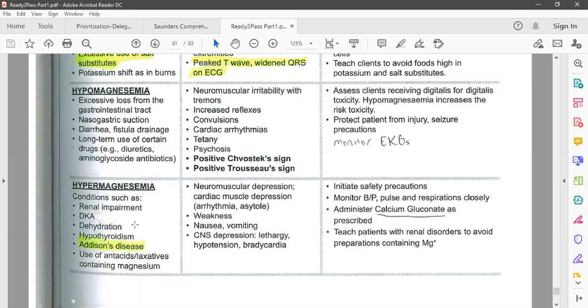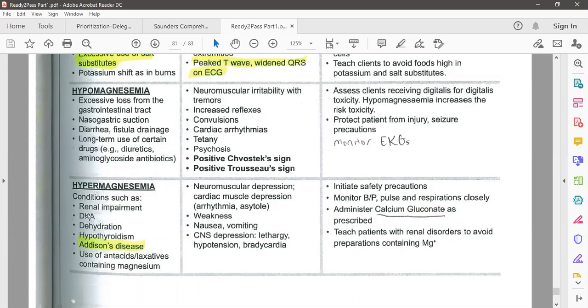Hypermagnesemia. What are the conditions of hypermagnesemia? Like renal impairment, DKA, right?